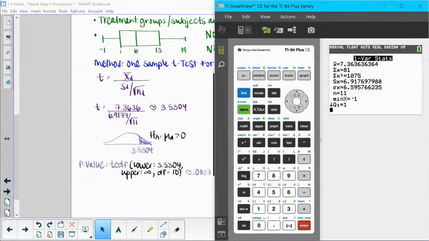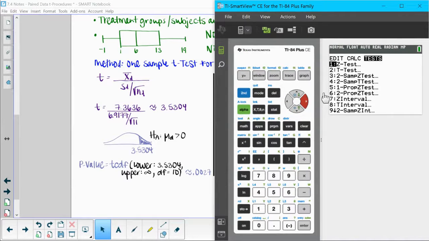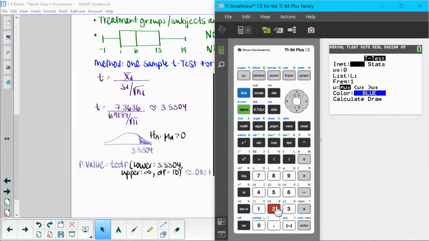So I'm going to pull my calculator up. Let's go to stat, tests number 2, and I have data. My mu is going to be 0. That's my null. Remember, we always say it's mu of d is equal to 0. This time, my data is in L2, so I'm going to hit second 2. Frequency, I'm going to leave at 1. And this time, I want to say that mu is greater than 0.